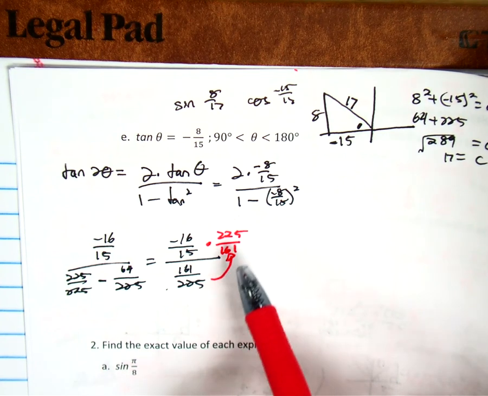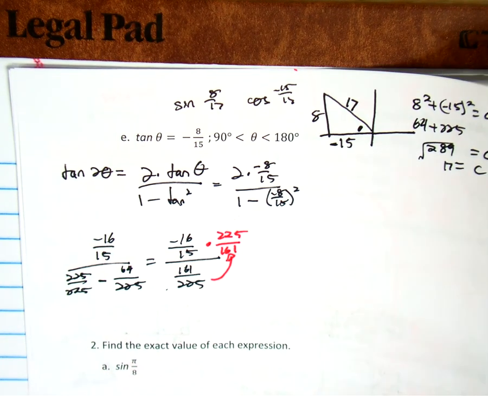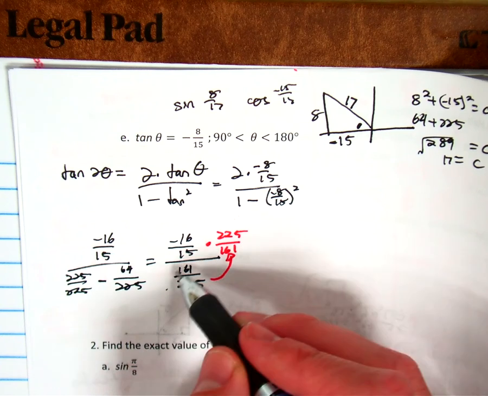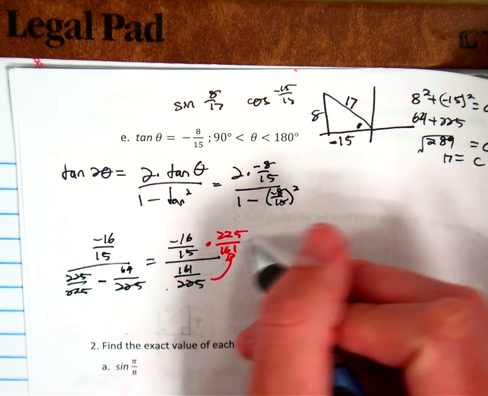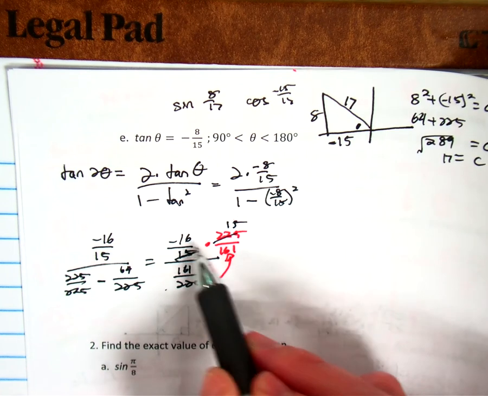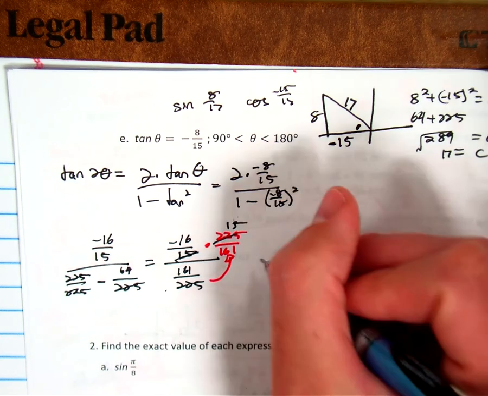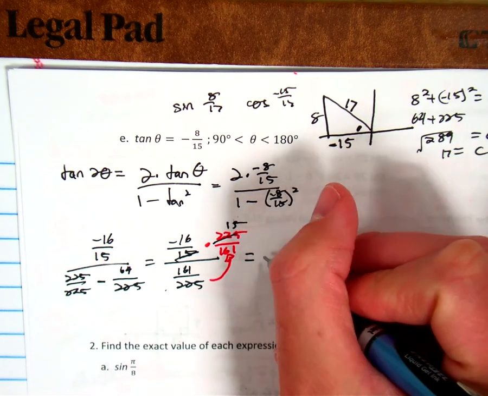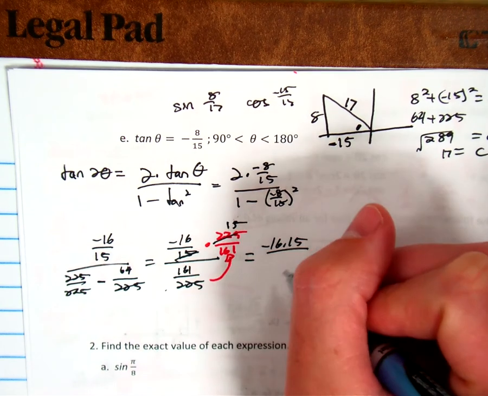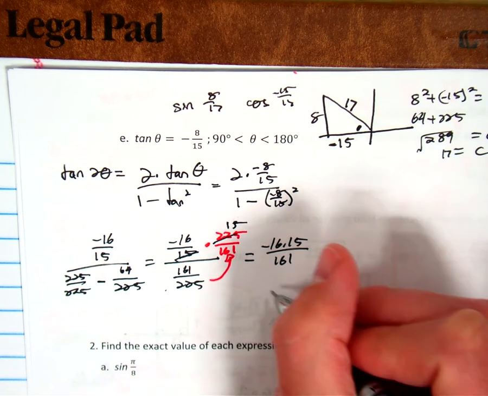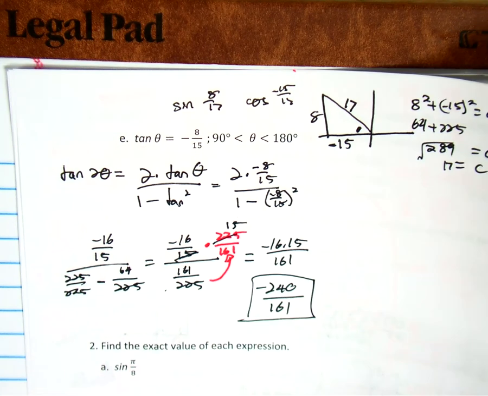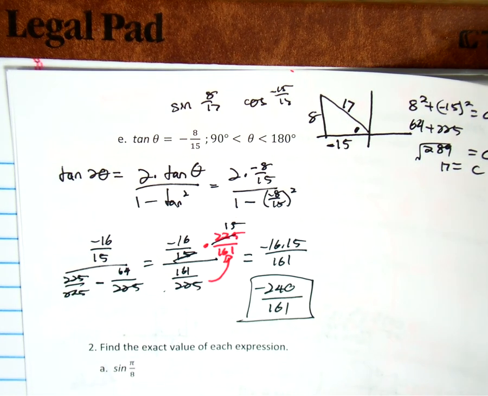Now if you used your fraction key, it would reduce it for you here, but we can use our brain. It's negative 16 and 161, they look alike, but you can't reduce. 225 and 15, yep, because 225 is 15 squared. So negative 16 times 15 over 1 times 161. And we're going to finish with a negative 240 over 161. Holy moly.